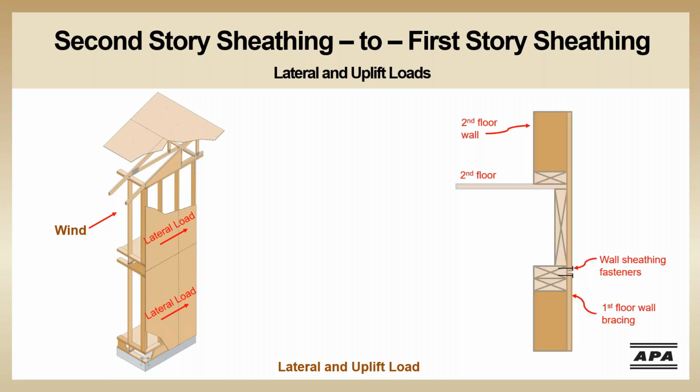At this connection between the two floors, the top plates of the first story walls act as the collector. The lateral load moves from the bracing locations on the second floor through the wall sheathing fasteners into the collector. It then travels along the collector until it comes to a bracing location on the first floor. At that point, it moves through the wall sheathing fasteners into the wall bracing on the first floor.